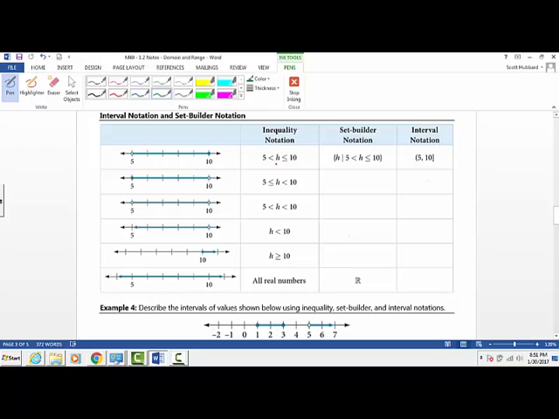This says 5 is less than h is less than or equal to 10, okay? So that means it's going to be an open 5 and a closed 10. So please try it yourself. Try these 5 right here for me, okay? And pause the video, try your answer, see what you get, and then come back and then I'll do them all.